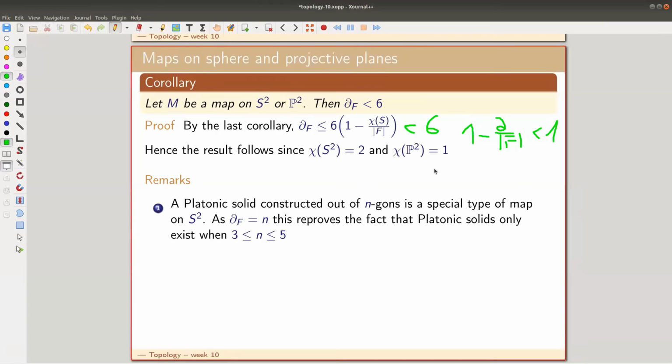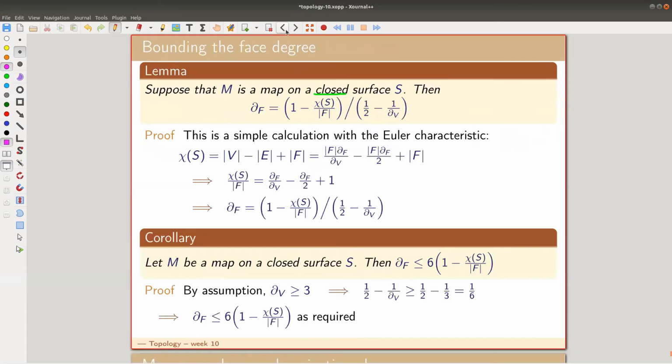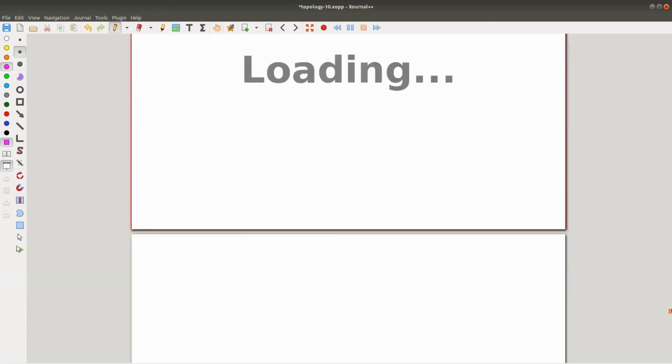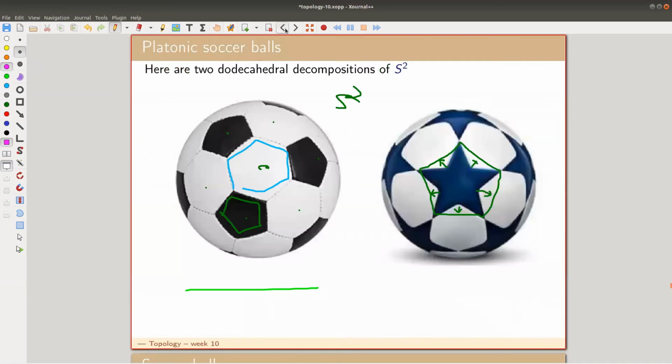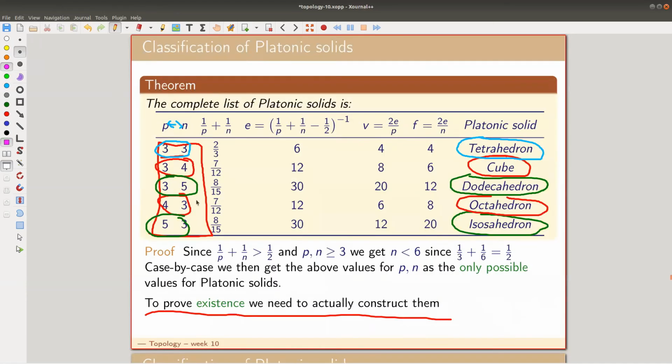So as I said, we generalized what we know about platonic solids because, well, platonic solids was this case, and we wanted that one of them, let's go back. Well, this probably takes too long. Let's go back faster. There you go. Somewhere here, we wanted that the average degrees are bounded by 6. And now we get this result in complete generality for maps, even on the projective plane, but we're really interested in the surface.